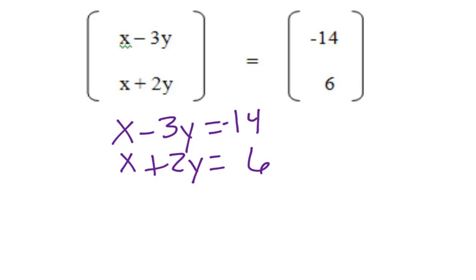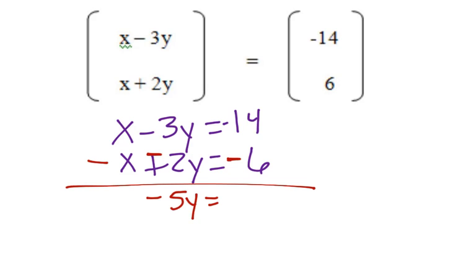To solve by elimination, you need one of your letters to have the same coefficient with opposite signs. So if I change every sign in my bottom equation, my x's will cancel, which is a good thing. Draw a line and combine. X's cancel. Negative 3y minus 2y is negative 5y equals negative 14 minus 6 is negative 20.